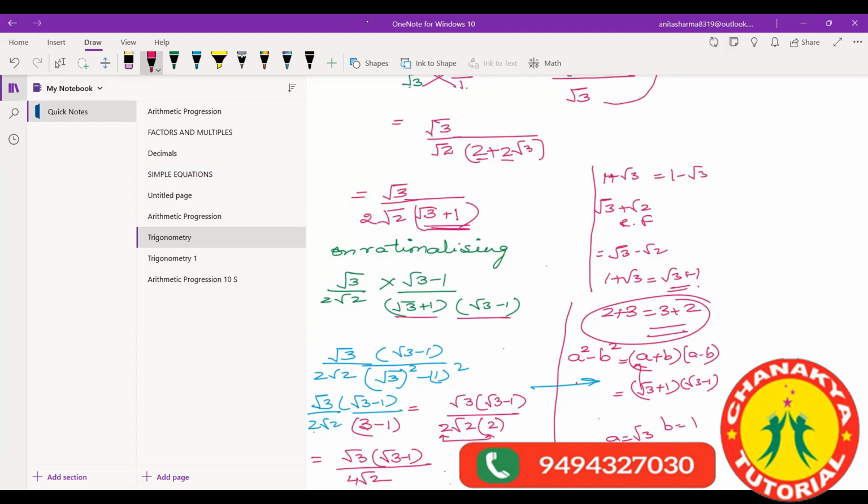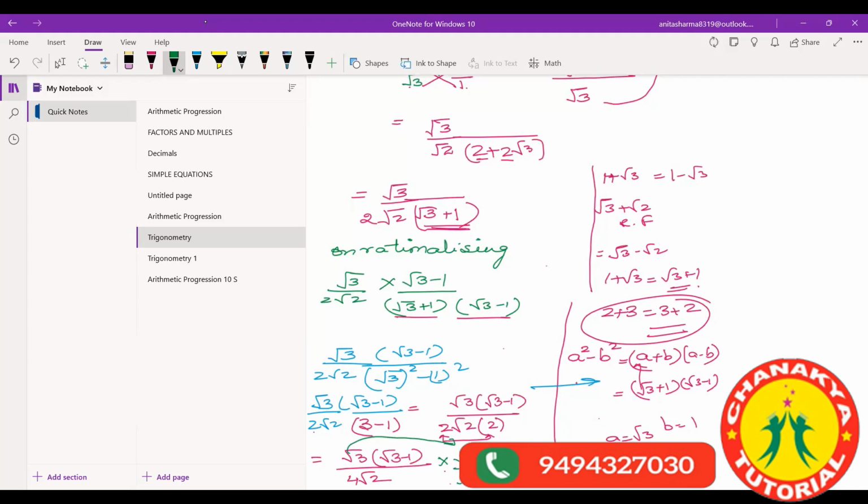You will multiply and divide the numerator and denominator by root 2. So root 2 multiply and root 2 divide. Right? Now multiply root 2 into root 3.